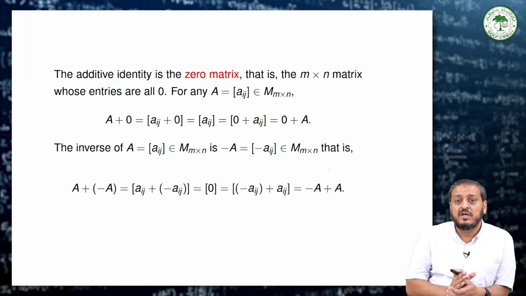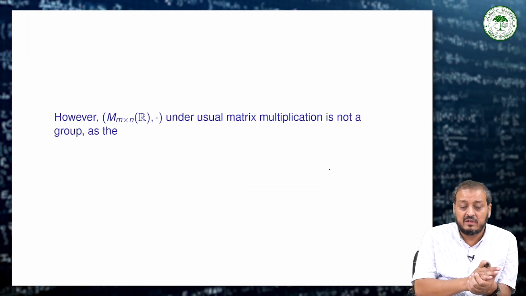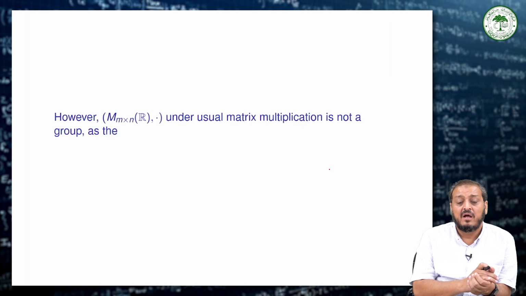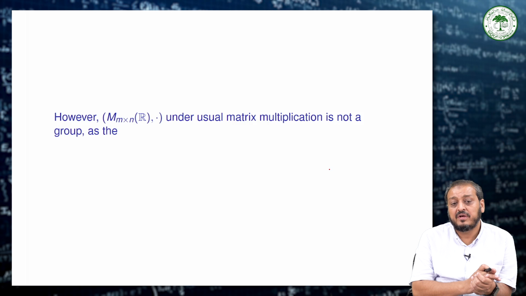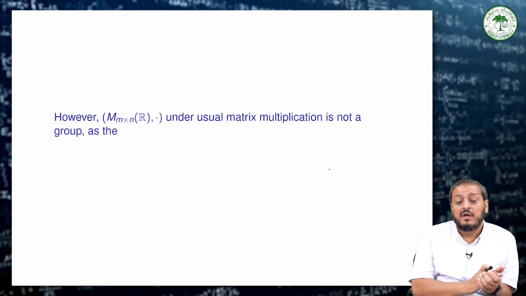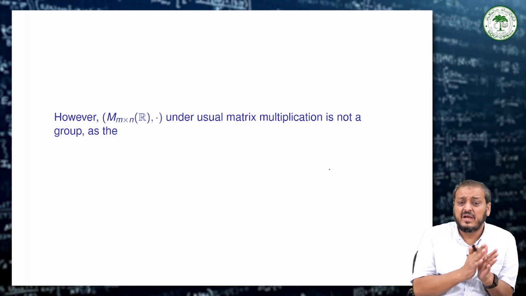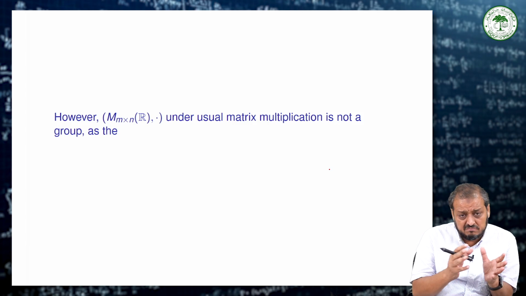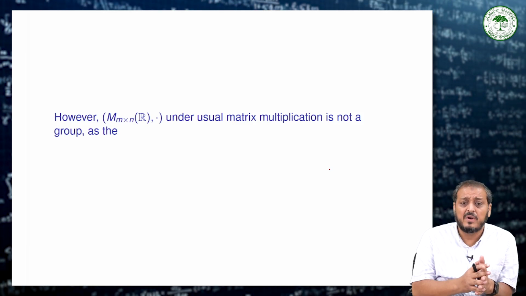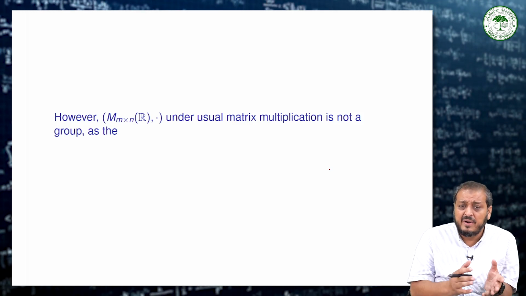Now we have to think about whether the set of n by n matrices over the real numbers under matrix multiplication forms a group or not. Unlike matrix addition, matrix multiplication is closed, so that is not a problem. We have an identity element, the identity matrix.